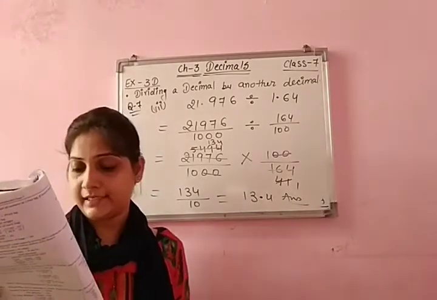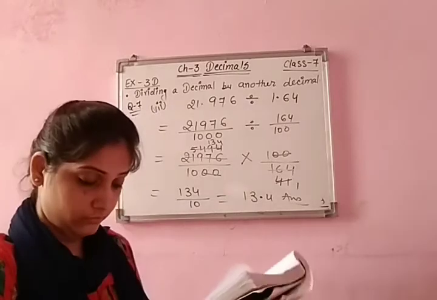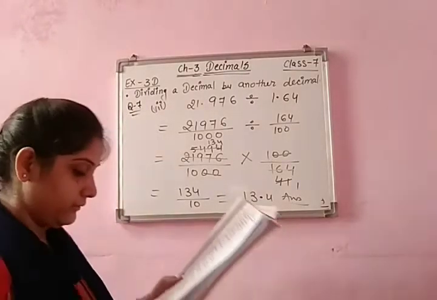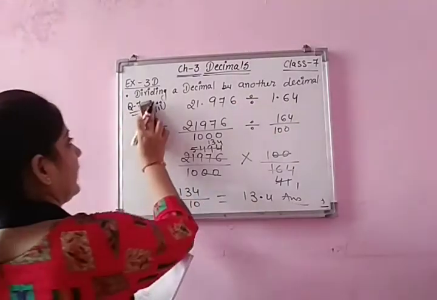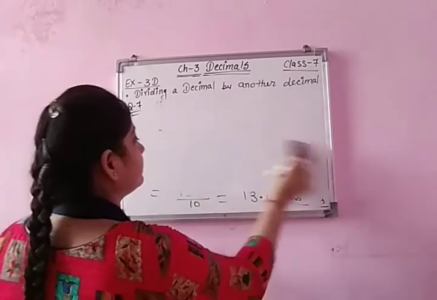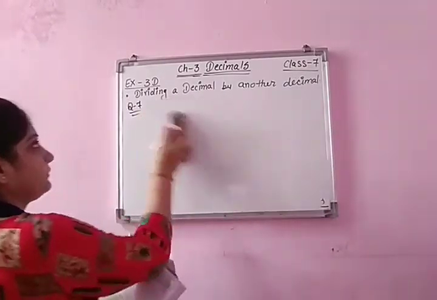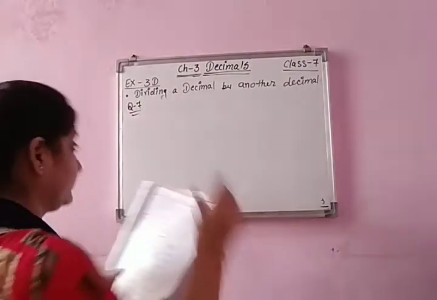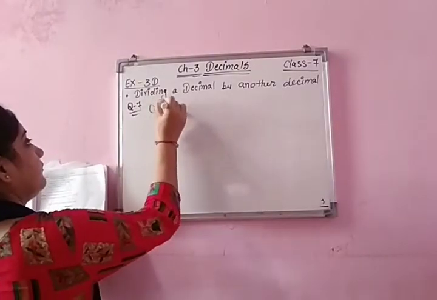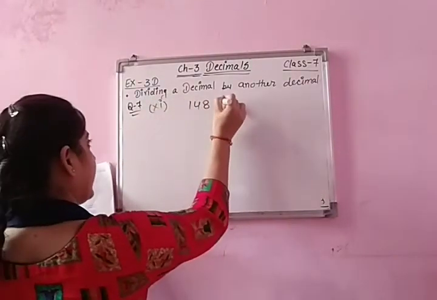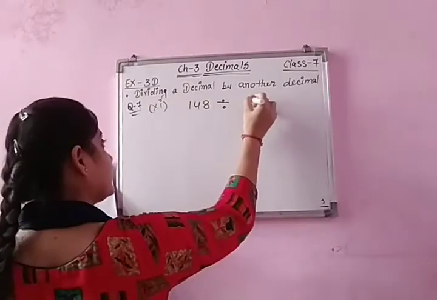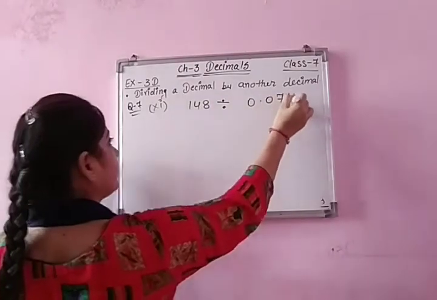Now 9th, I think we have to do, or 11th. Okay, let's solve 11. That is quite different. 11th part. 148 divided by 0.074.